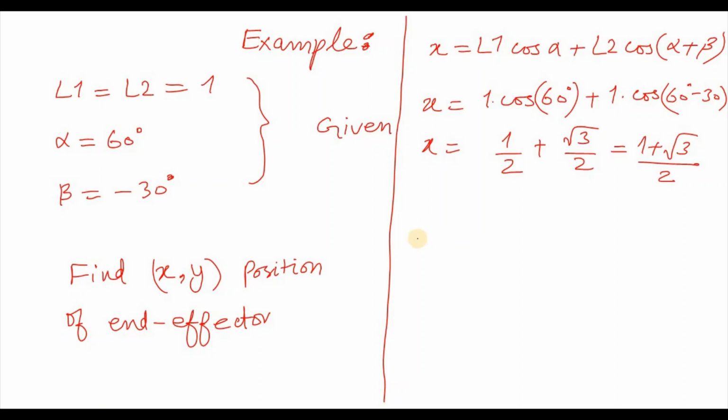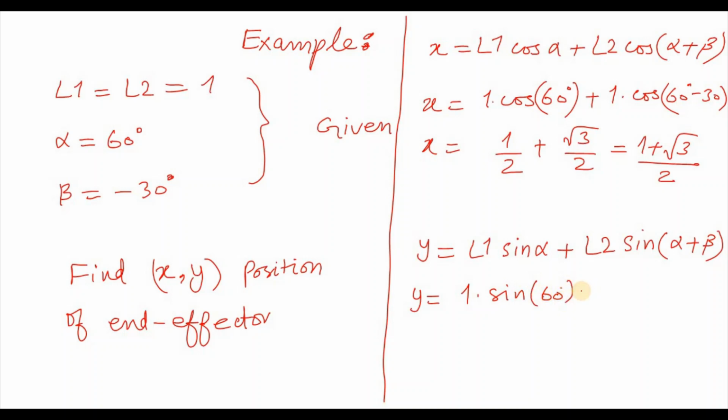And similarly we can find the y, which is L1 sine of alpha plus L2 sine of alpha plus beta. Y is equal to 1 dot sine of 60 degrees plus 1 dot sine of 60 minus 30.